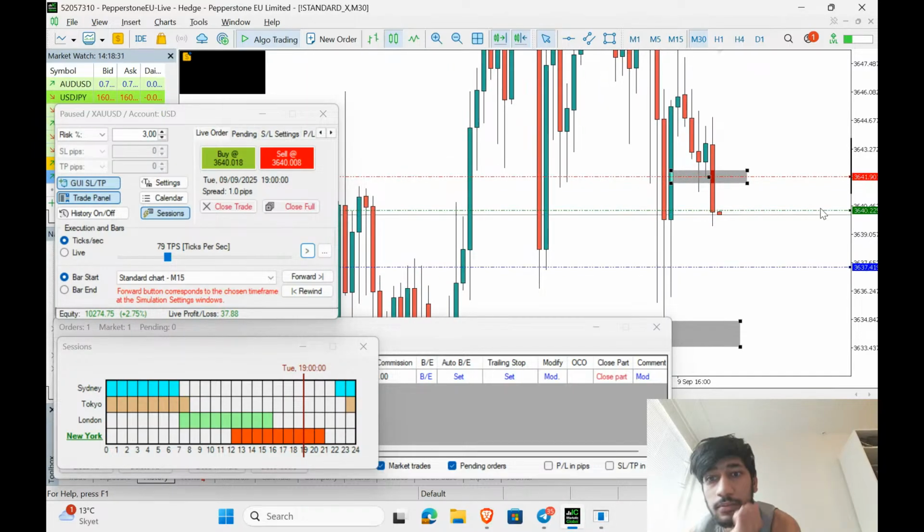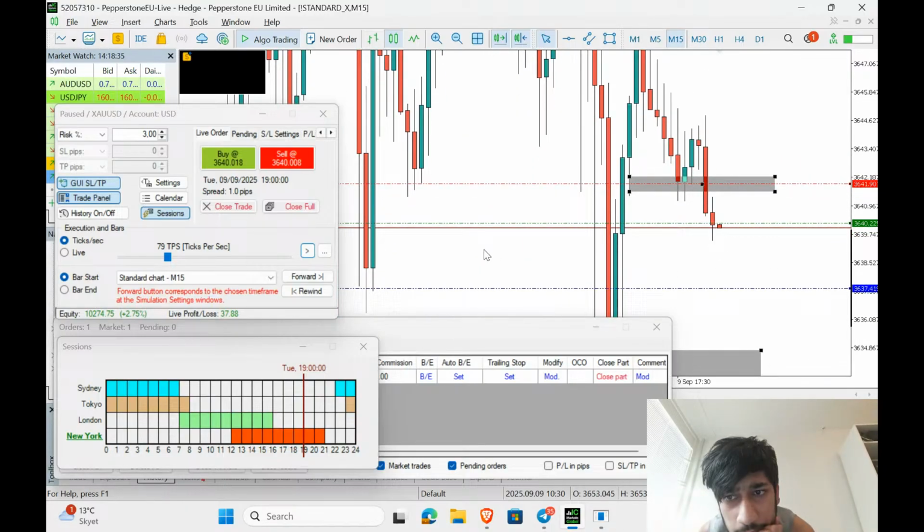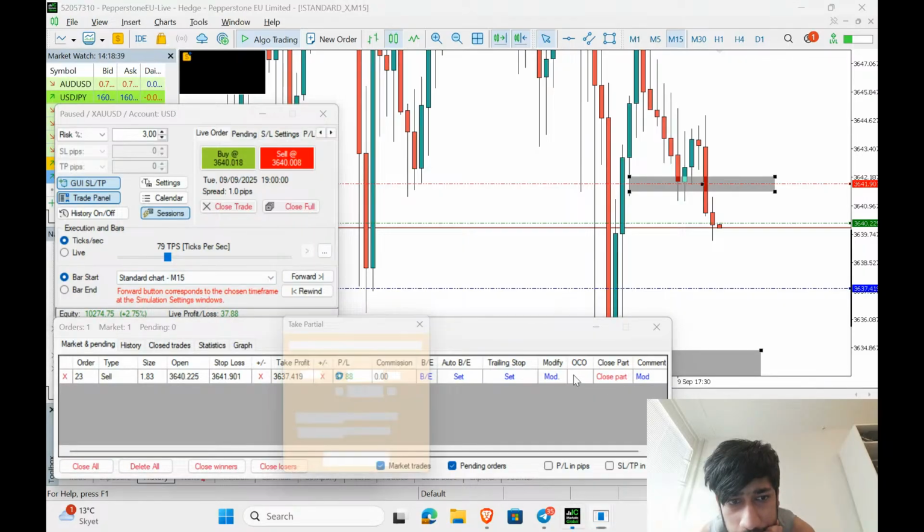As this candle formed like this, and 15-minute closed wick bullish, wick bearish, I want to close partials.